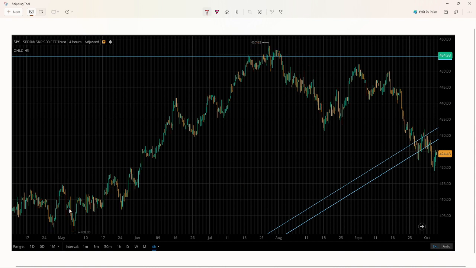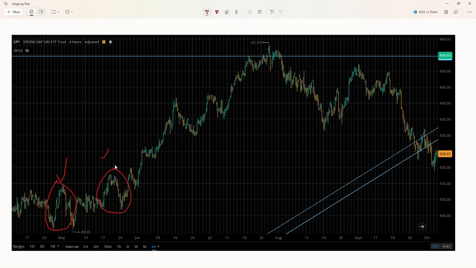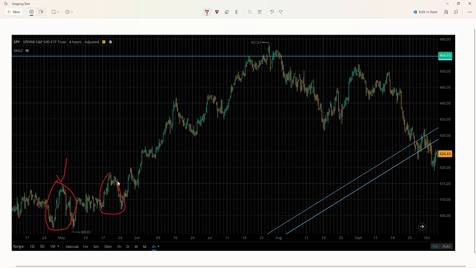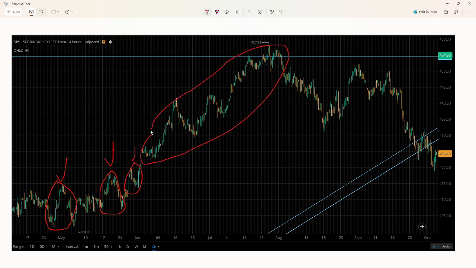I think what we're going to see then, because we've checked off this structure, is this, and then after we get that, it's the run to the top. And after this signature forms, that's where you would go or become net bearish.